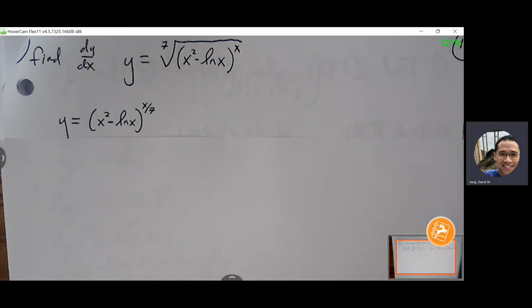Is there anything that we can do to allow that exponent to come down? Yeah, log differentiation. This is where we introduce logs into the problem to force properties to allow us to move forward, because right now we're stuck. We don't have any rules that can handle this problem.